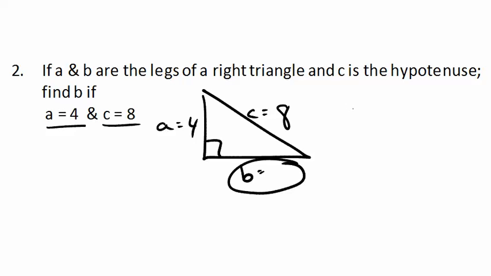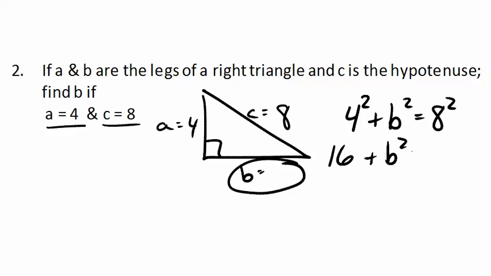So we'll go ahead and plug it in. A squared, so 4 squared plus B squared, and that equals 8 squared, the hypotenuse. And again, you're just going to evaluate. 16 and 64. We'll subtract 16 to get 48.